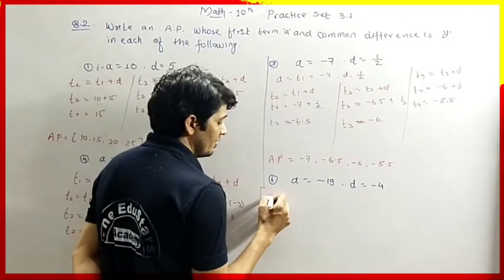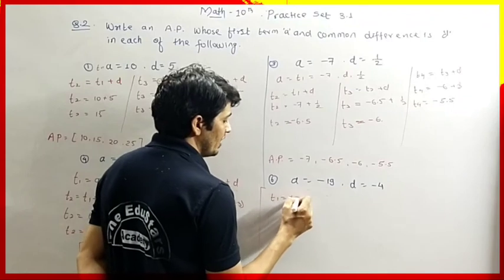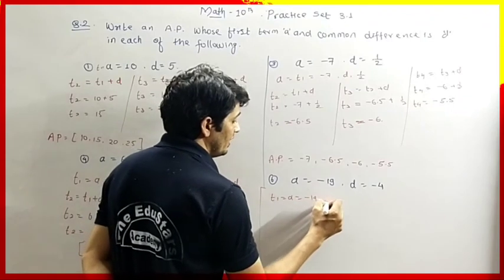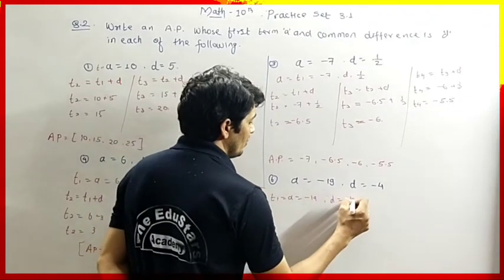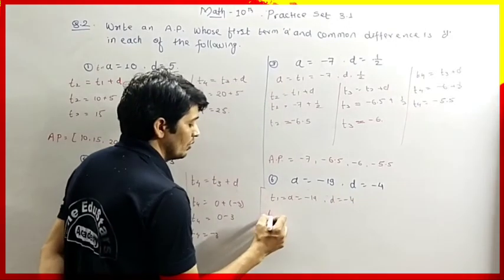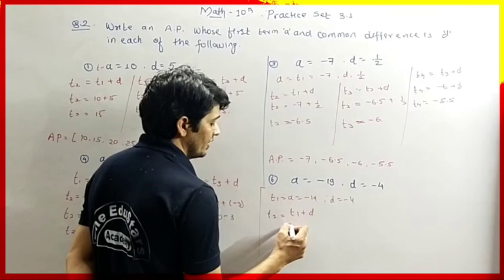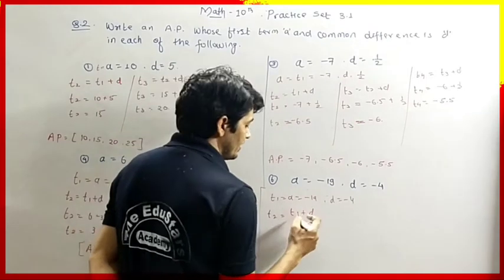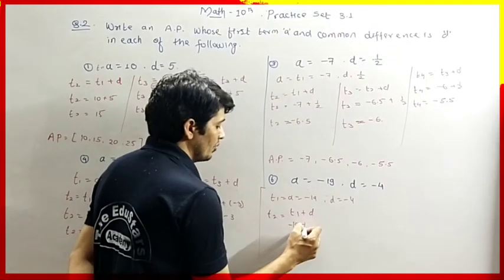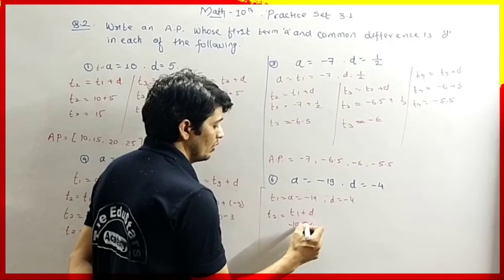So here again we have T1 equals A, which is negative 19, and D equals negative 4. Now T2 equals T1 plus D. So what is T1? T1 is minus 19 plus D is minus 4.